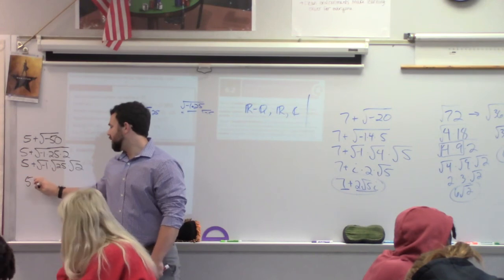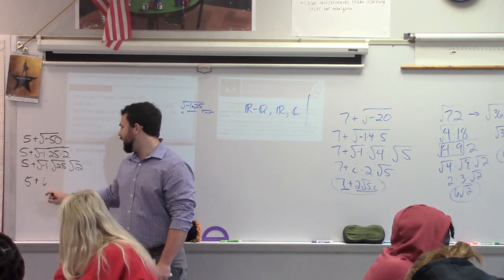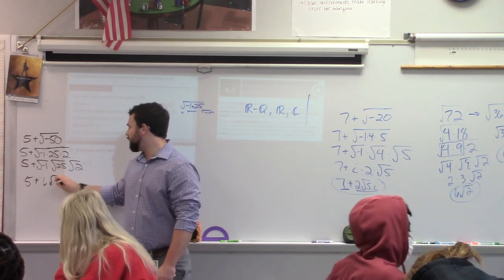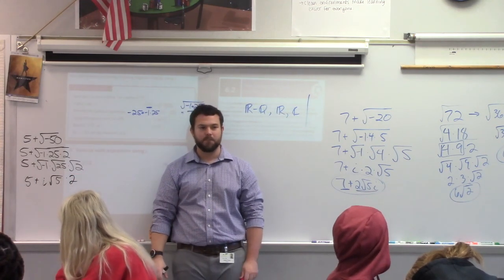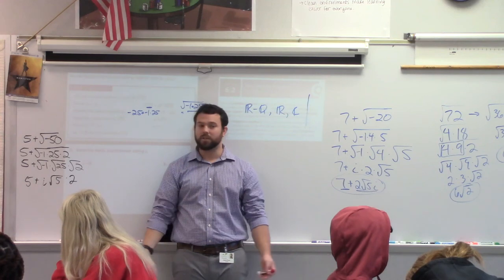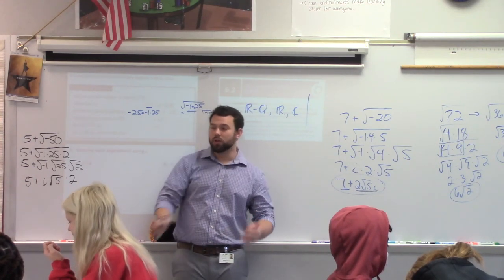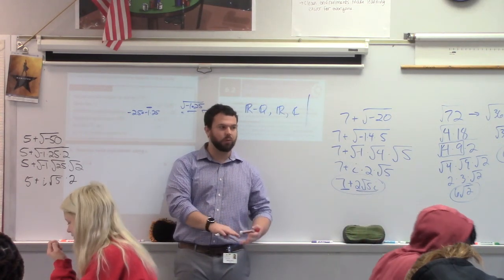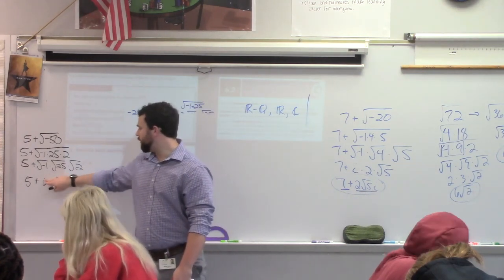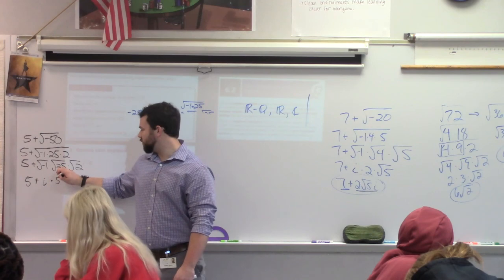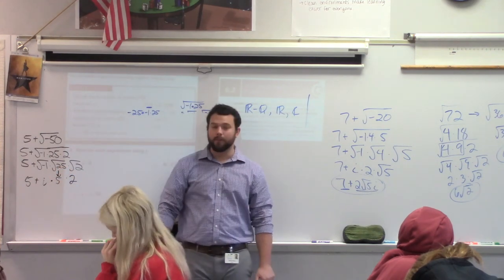The square root of negative 1 is i, the square root of 25 is the square root of 5 times 2. What's wrong with that? It's not the square root of 5. Remember, the square root of 25 is what? 5. So that should be a 5, right? The square root of 25 is 5. Is it correct now? No.